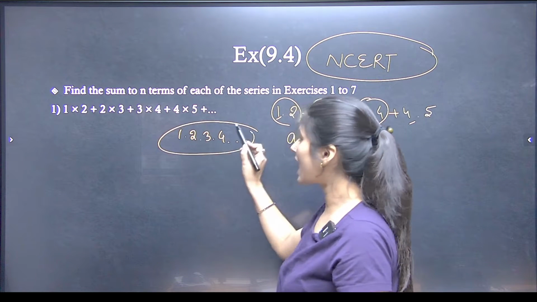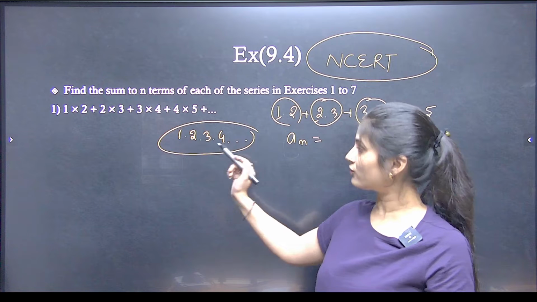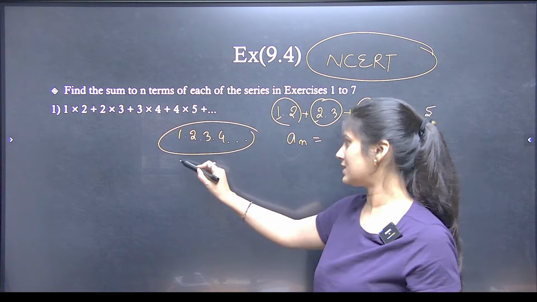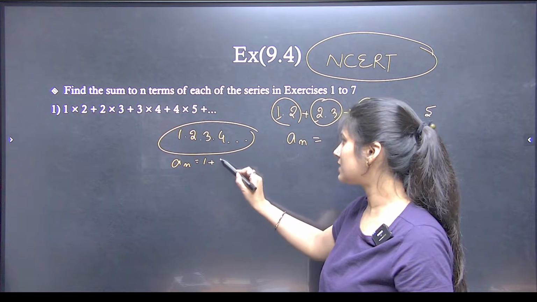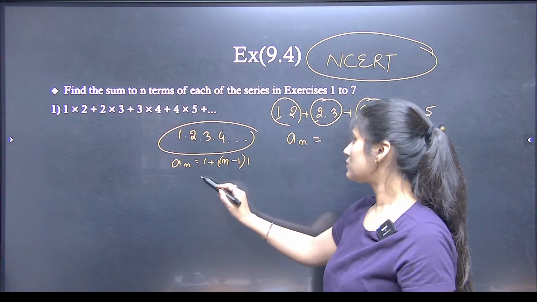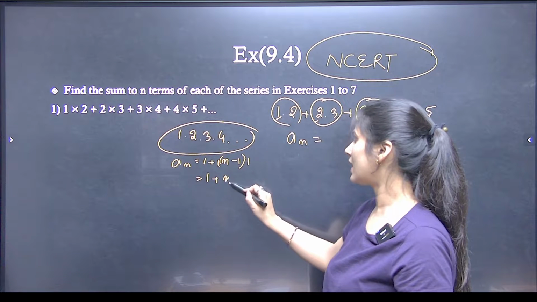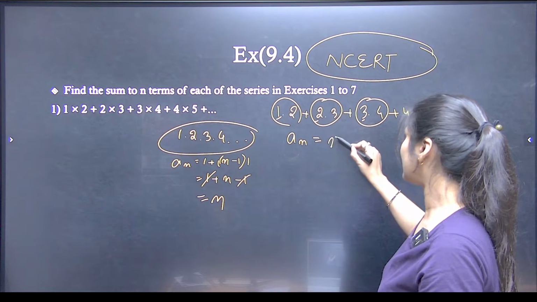This is actually natural numbers. So can we find the nth term of this series? Yes. This is an AP, so the nth term is a plus (n minus 1)d. If I solve it, it is 1 plus n minus 1, so it is nothing but n. So I am writing n.